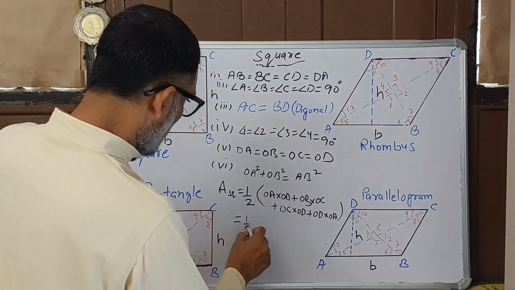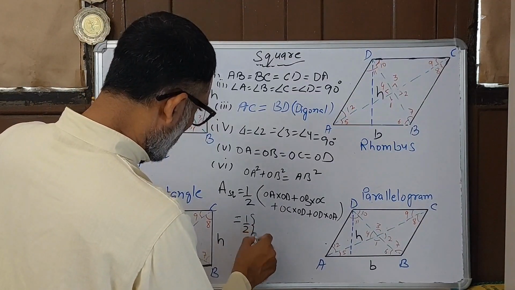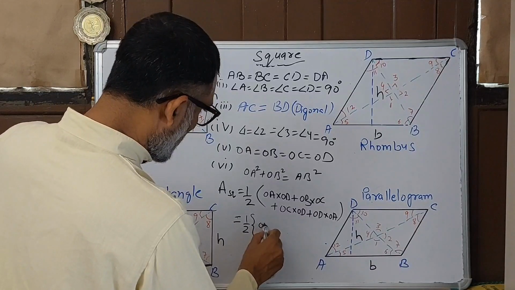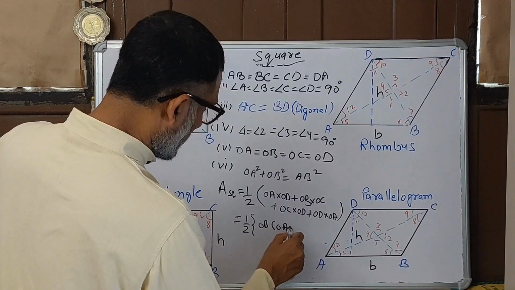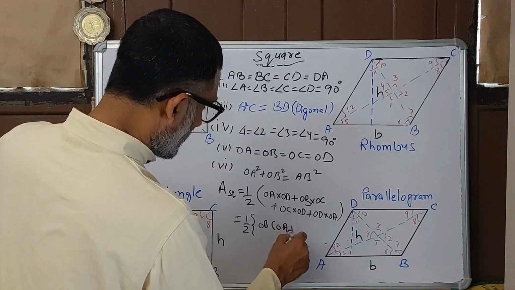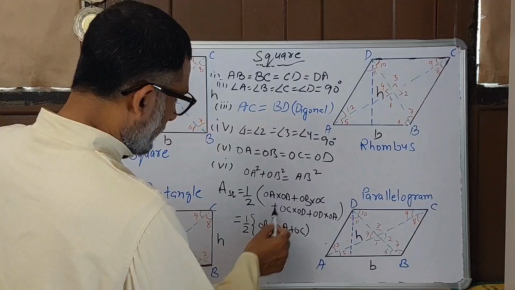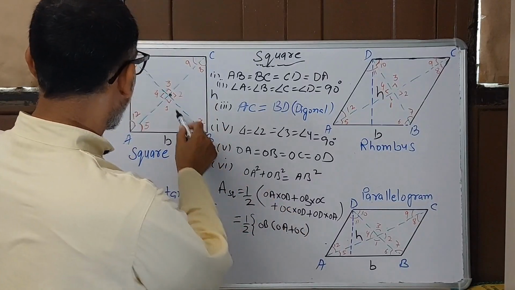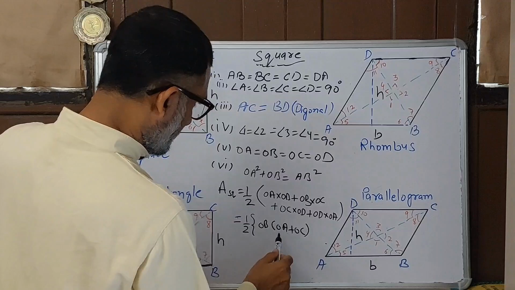First we take OB common here: OA plus OC. When we take OB, then we get OA plus OC.